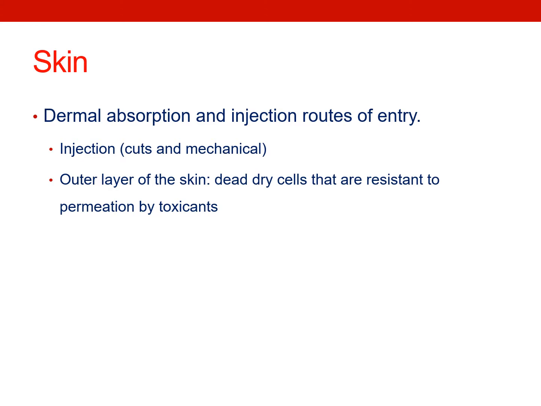The skin plays an important role in both the dermal absorption, or skin absorption, and injection routes of entry. Injection includes both absorption through cuts and mechanical injection through a needle. The skin itself is composed of an outer layer of dead, dry cells that are resistant to toxicants.